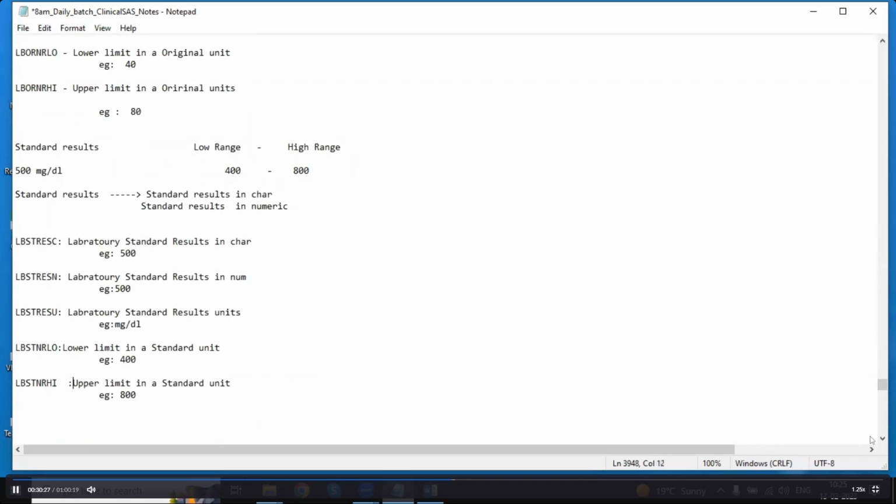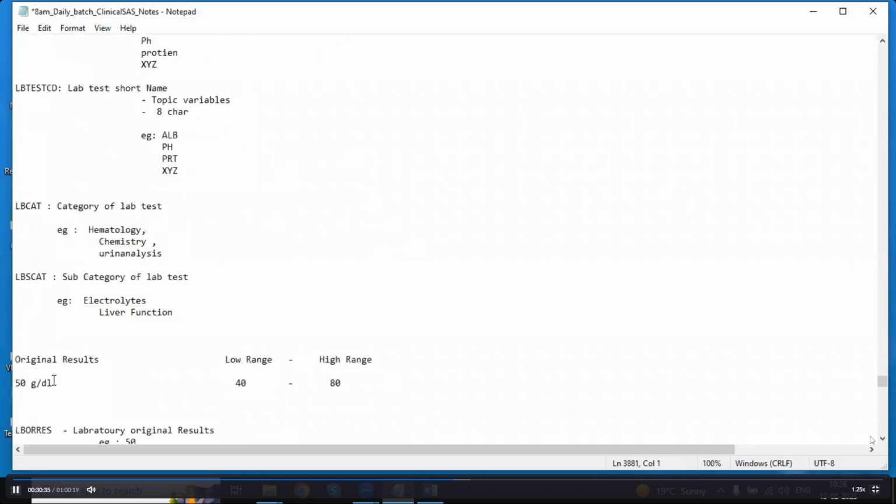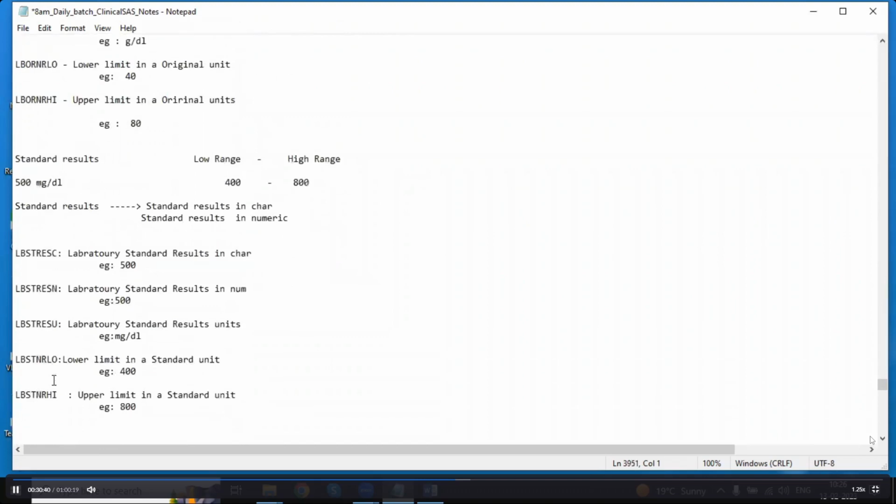These are the first important variables: test category, original result, standard. Okay, clear up to here, everyone? Clear?